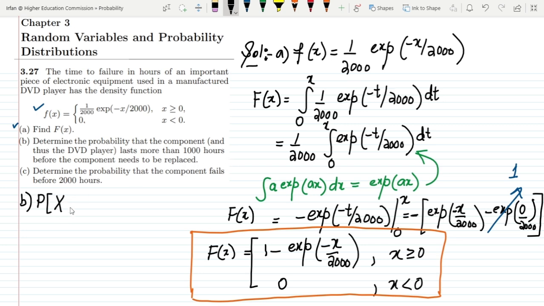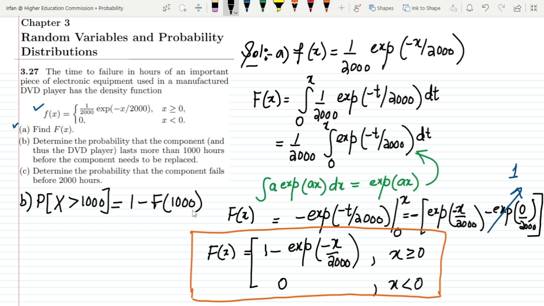If the hours are capital X, it should last more than 1000 hours. Going beyond 1000, we have to subtract all the values lower than 1000 in the CDF, so it becomes 1 minus F of 1000.